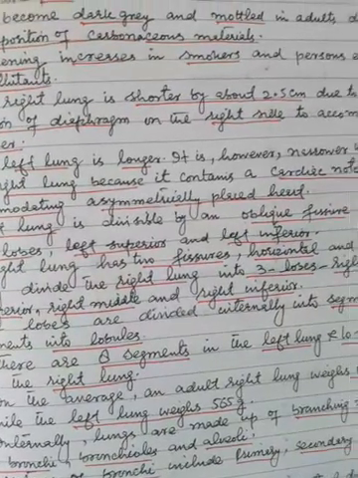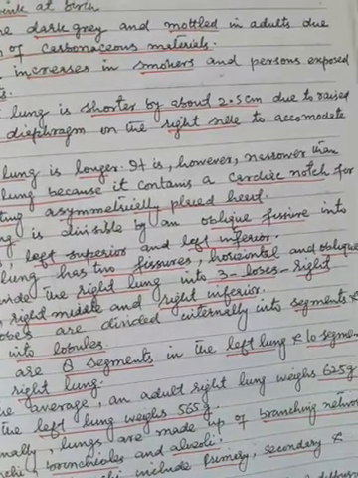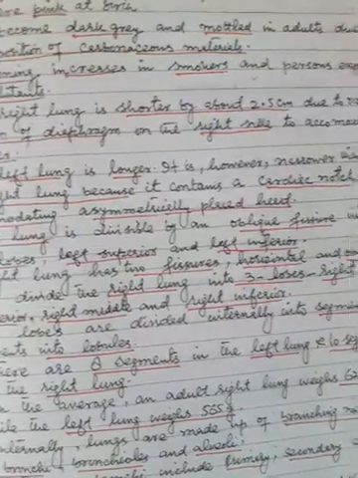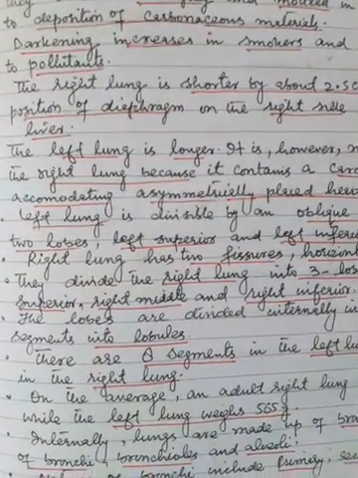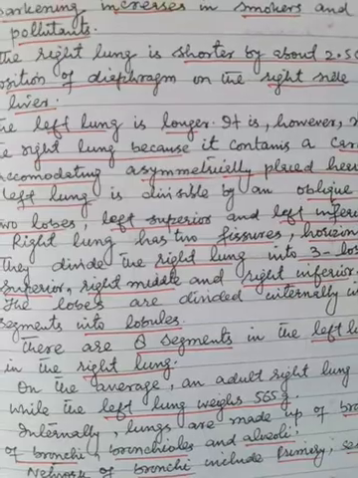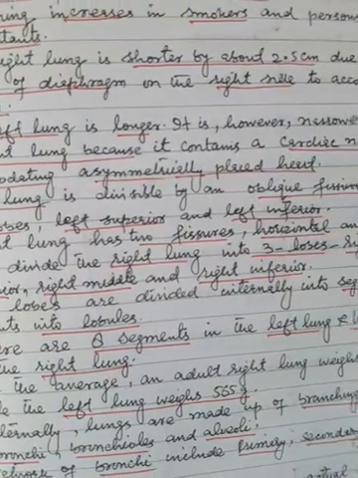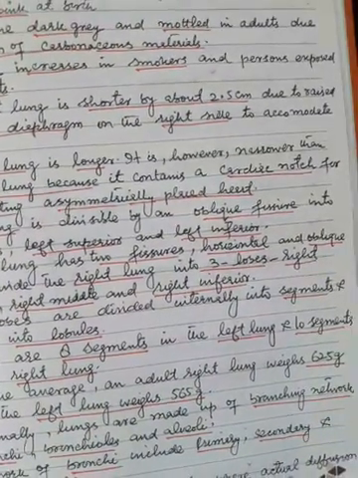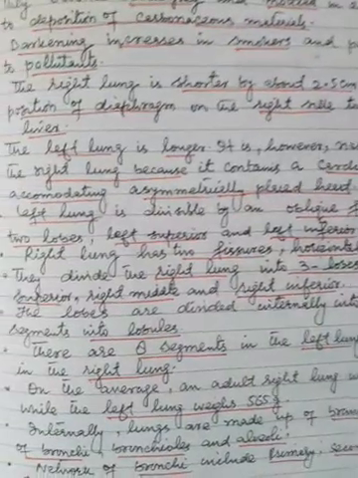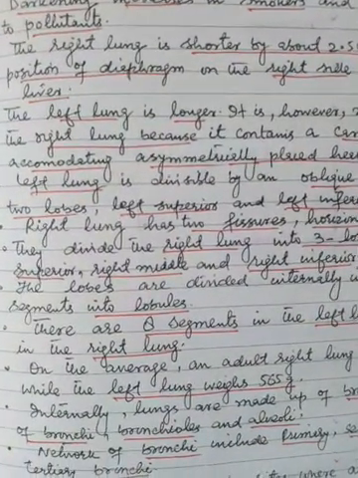The lobes are divided internally into segments and segments into lobules. There are 8 segments in the left lung and 10 segments in the right lung.